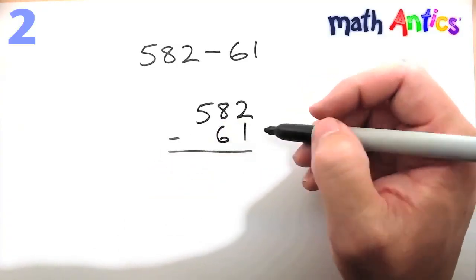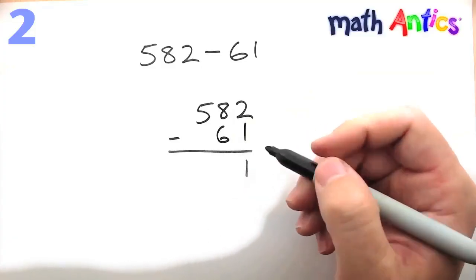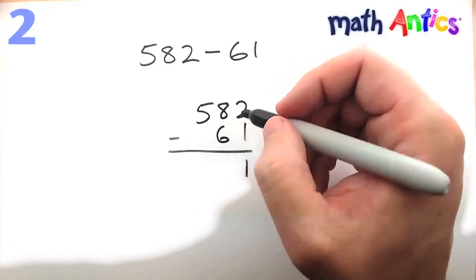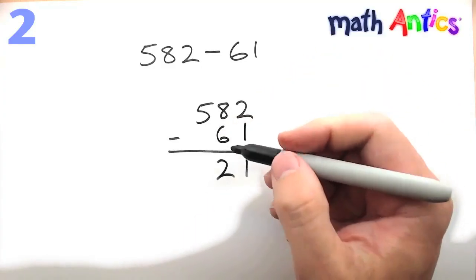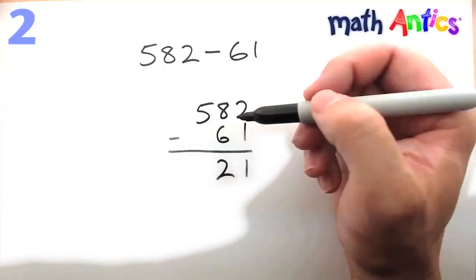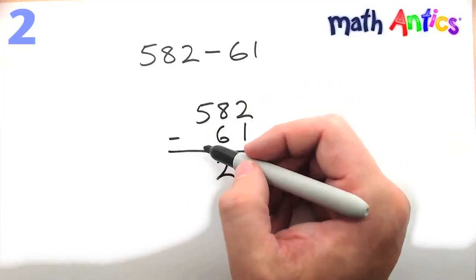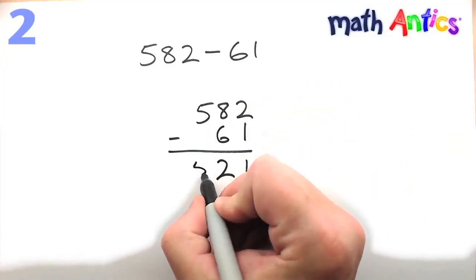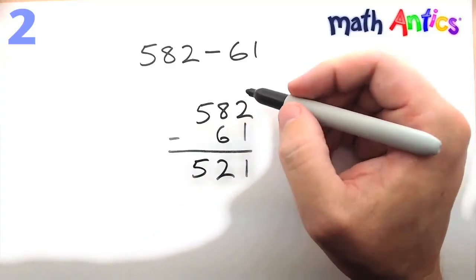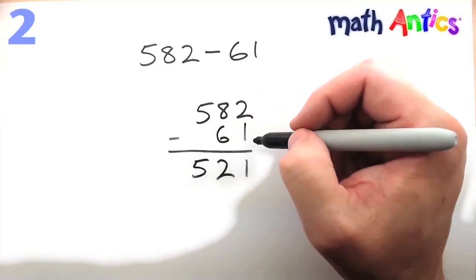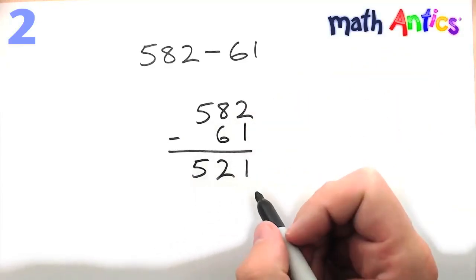We have 2 minus 1, that equals 1. Put that in the answer line. 8 minus 6, that equals 2. That goes in the answer line. And then 5 minus nothing. There's nothing in that column, so we just have 5 that we put in the answer line. And so we can see that 582 minus 61 equals 521.